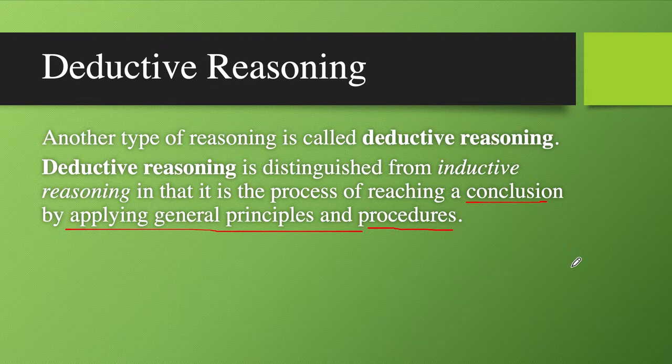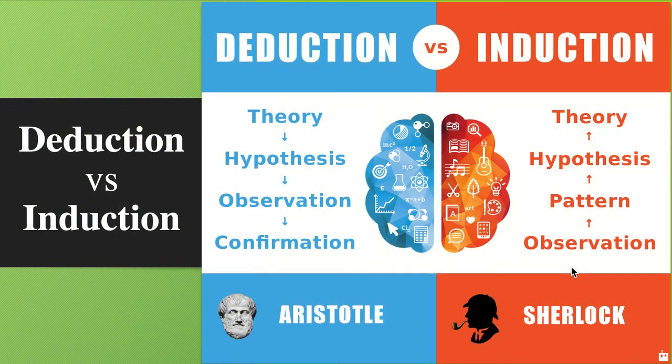So in a nutshell, what is deduction versus induction? Let's start with deduction. Deduction starts with a theory in mind. After you see the theory, you try to hypothesize, then have some observation, and then you confirm that the theory indeed is correct.